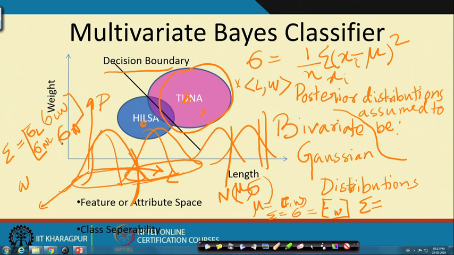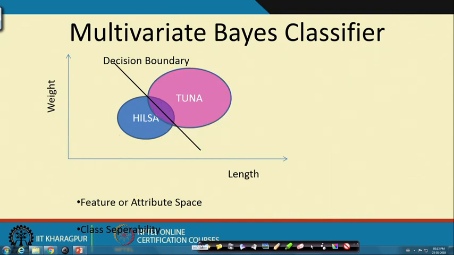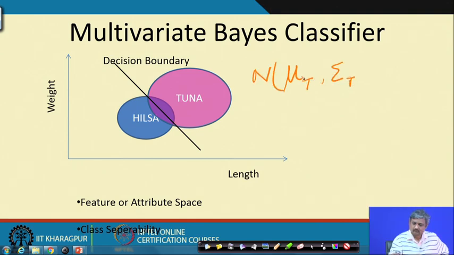Okay. So, suppose somehow by estimation I know the mean value and sigma value of tuna, mu t, sigma t, and I know mu h, sigma h.